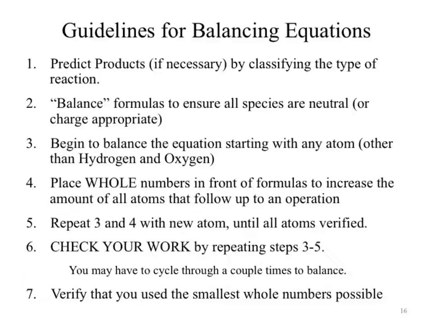If you continue to go through and check and you keep changing numbers, what does that mean? You're doing it wrong. The question now becomes, why are you doing it wrong? Probably because you did not do step 2. Go back and check your formulas and make sure the formulas are balanced. If they are not balanced, then you will have to make them balanced.